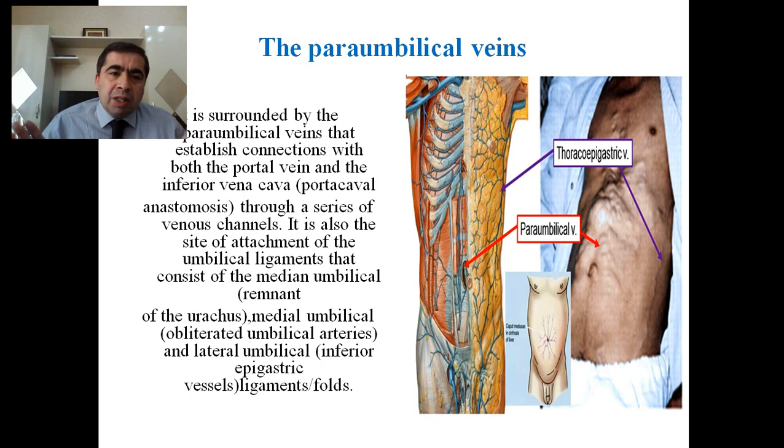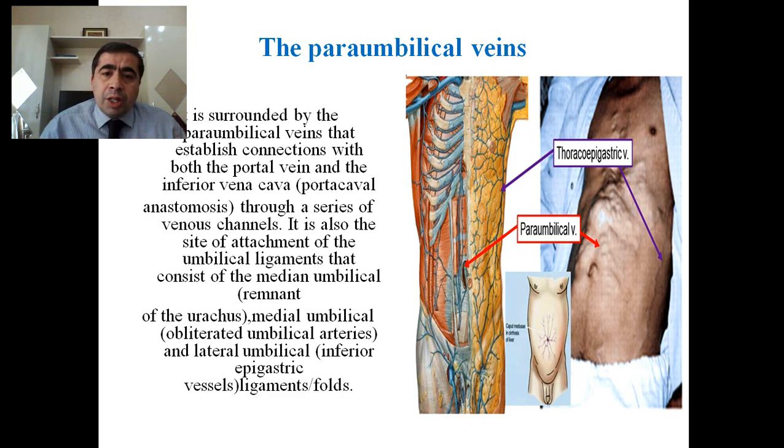The portal vein is the largest visceral vein of the human body. What does it mean, the largest visceral vein? Because the portal vein receives venous blood only from internal organs, only from the unpaired organs of the abdominal cavity, including the upper third of the rectum.